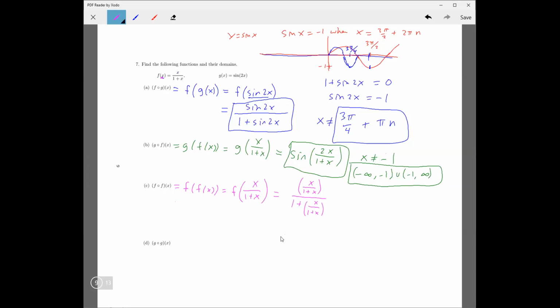Now you just have to simplify that. You can multiply the numerator and denominator by 1 plus x, which is a fancy form of 1, by the way. That's going to cancel with that, so you just have x in the numerator. And then the denominator is going to distribute, though. So this times this is 1 plus x, and then this times this is just x. So x over 1 plus 2x.